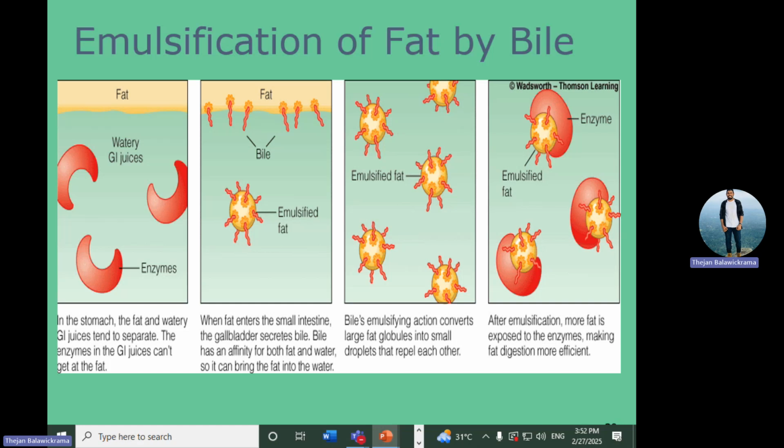Let's say, as an example, you need to communicate with someone who speaks Chinese only. Then you need to find someone who knows our language and Chinese both. So bile is doing that. Bile can combine with fat, then enzymes can be involved.